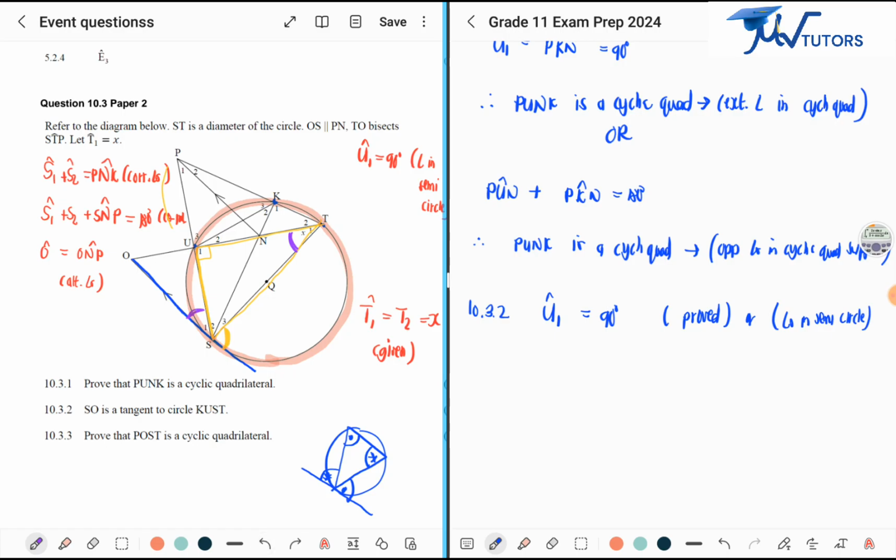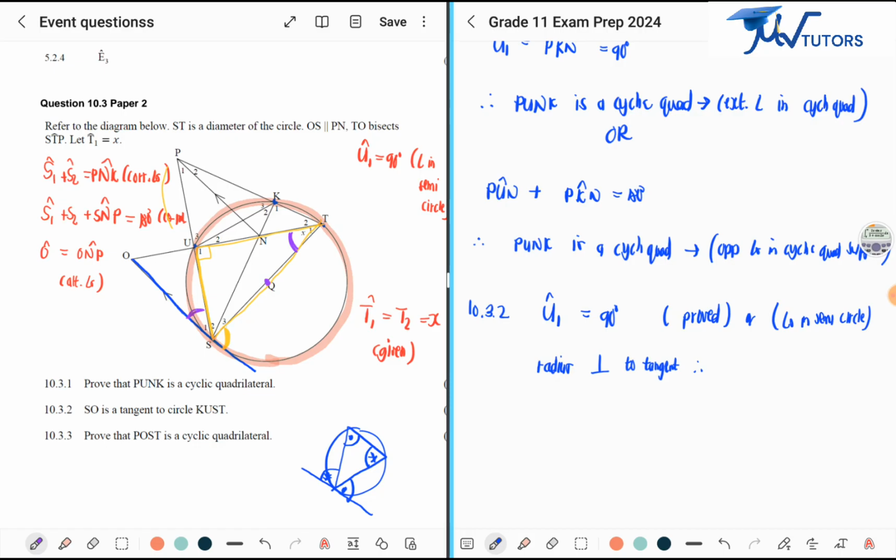All right. And so I would say then QS, but remember, a line from the center to a chord. Actually, this QS is actually the radius. Okay. And I know it's a rule, the radius is always perpendicular to a tangent.